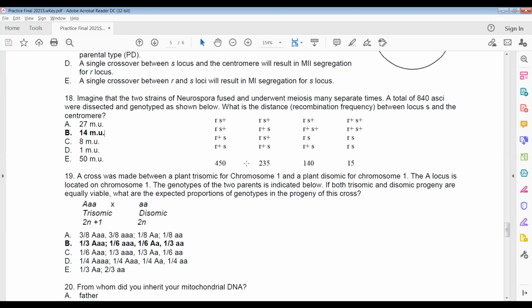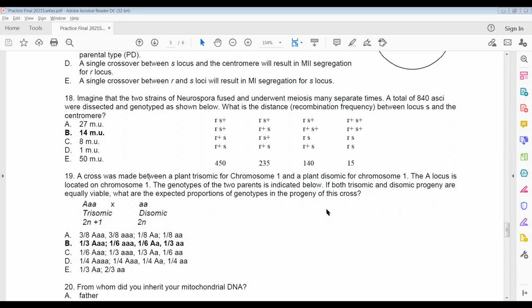That's right. 0.5 multiplied by this number, divided by this number. You're gonna get this. I was confused there. I thought you were pointing at 140. No problem.